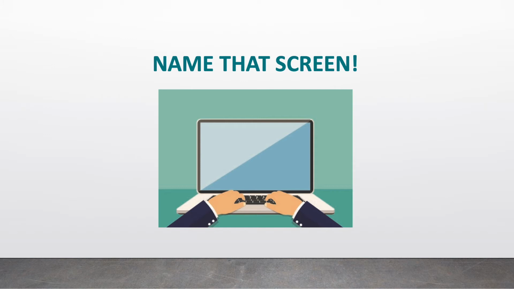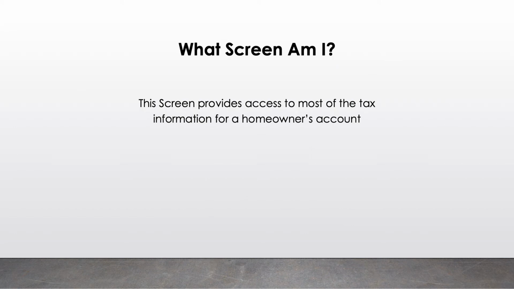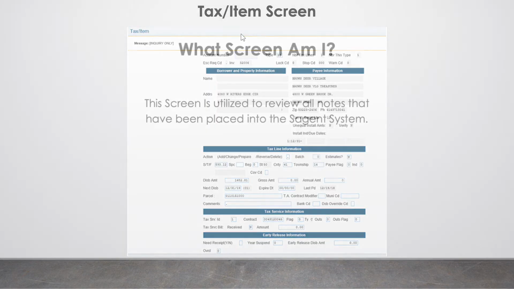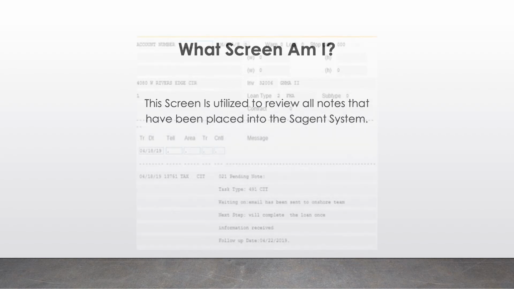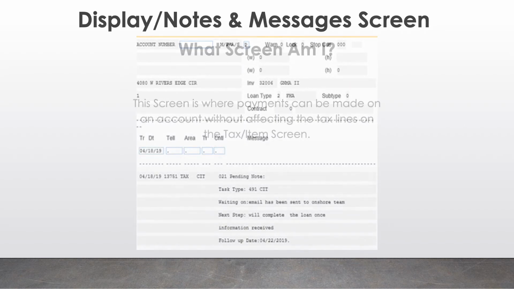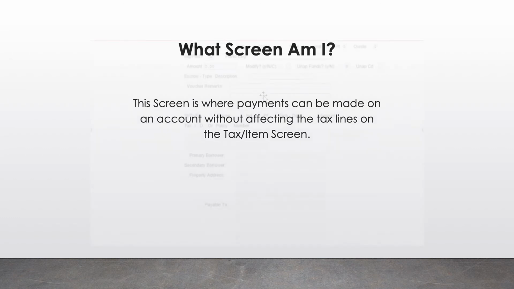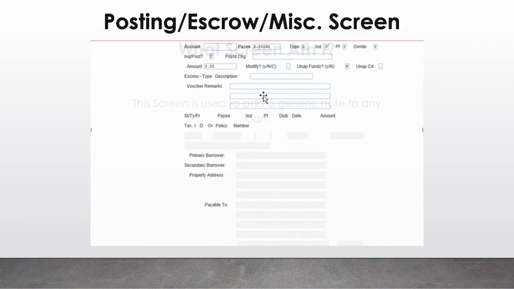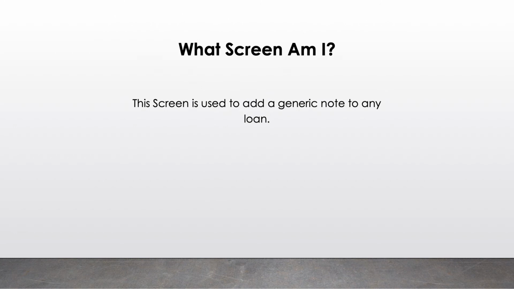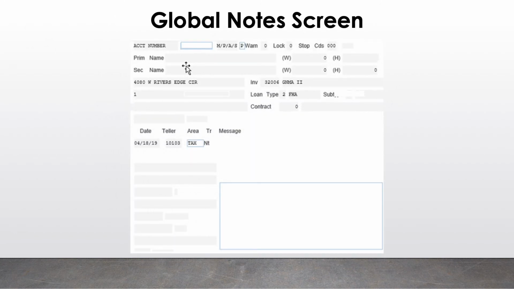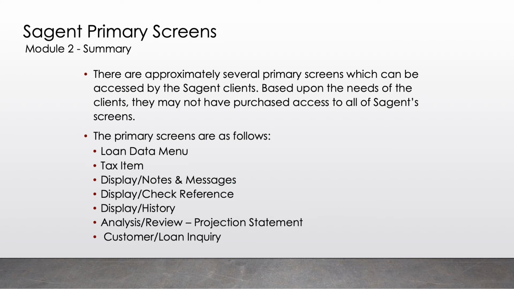In order to help the participants remember the function of each screen, the facilitator introduced an activity called Name That Screen. Module 2, covering primary screens, ended with a summary, followed by a question and answer activity.